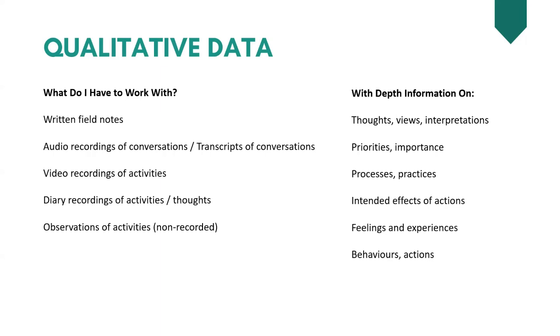Now, why I say understanding this first is important is because, as we're designing our research, we want to be able to say, actually, what type of data do I genuinely want and need from this data collection exercise?